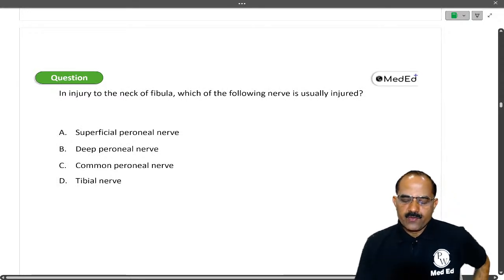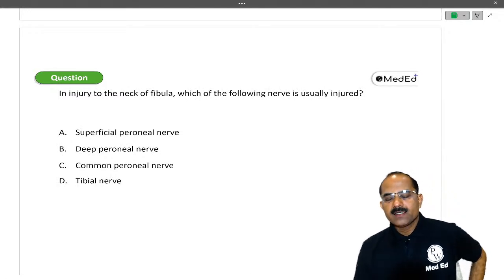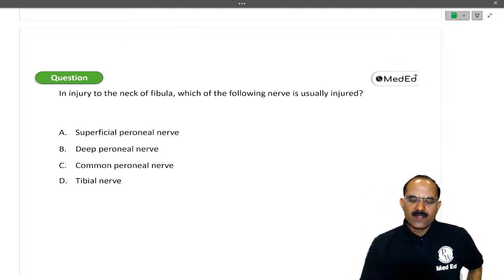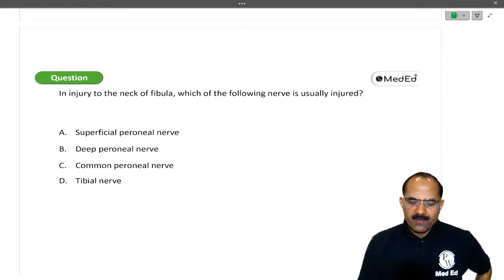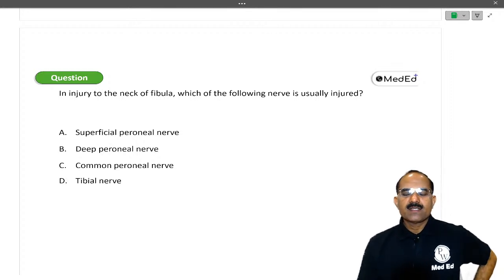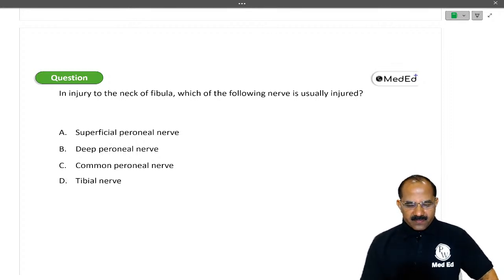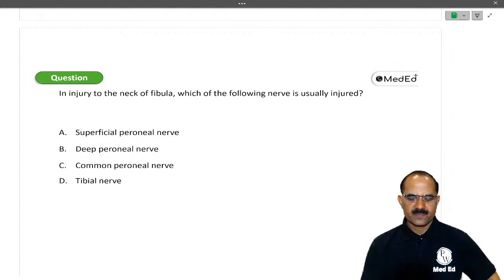Injury to the neck of the fibula. Which of the following nerves is usually injured? Answer this, it's an easy MCQ. Any guesses? Hello students.